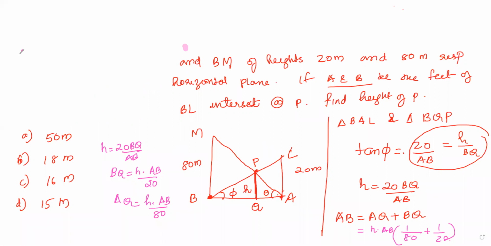So this will become AB is equal to H into AB into 1 by 80 plus 1 by 20. So now just do 1 by 80 plus 1 by 20. That will become 5 by 80.